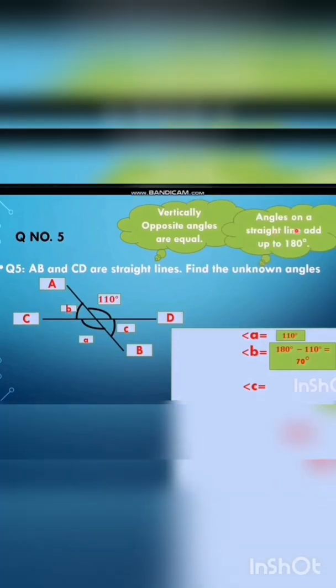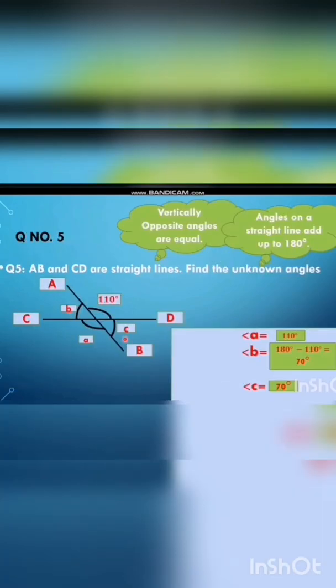Angle B and the 110 degree angle lie on a straight line, and angles on a straight line add up to 180 degrees. Angle B and angle C are opposite angles, so angle B is equal to angle C. Angle C is also equal to 70 degrees.